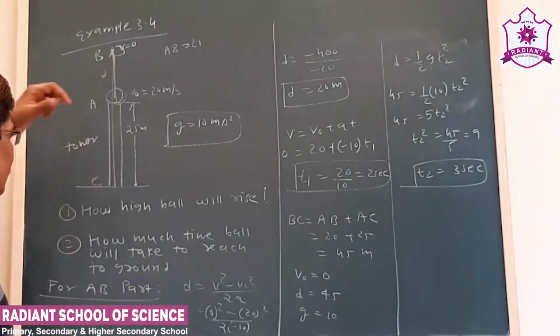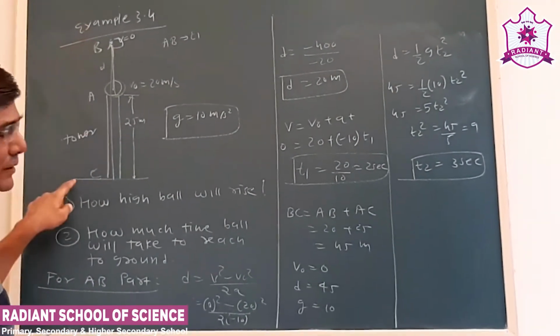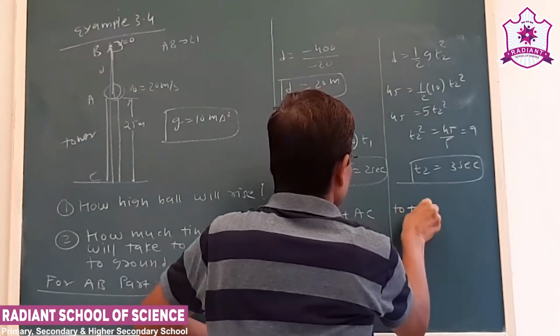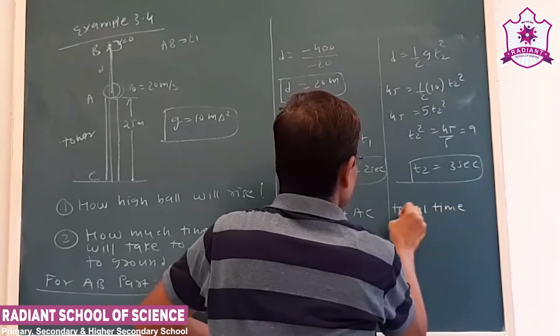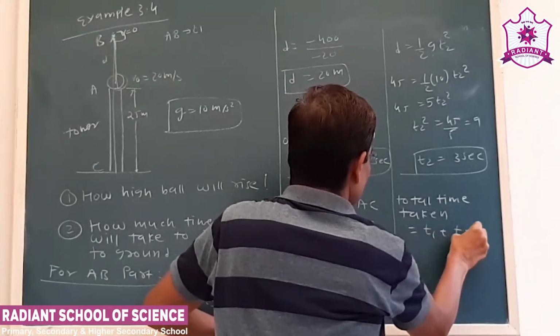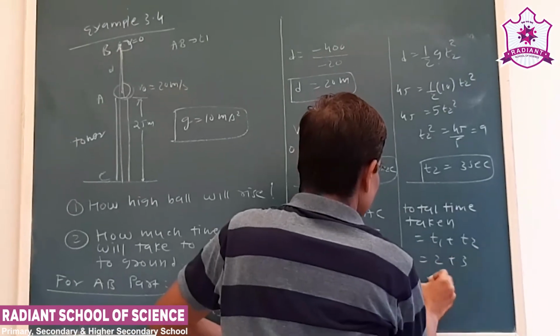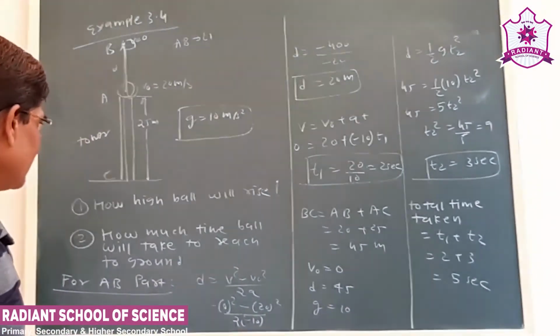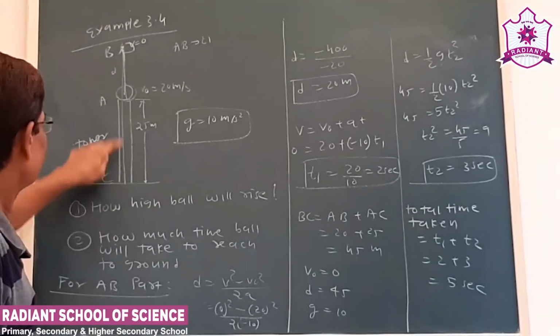Now see, the time for B to C is 3 seconds. So the total time taken to reach the ground is t1 plus t2, that is 2 plus 3, 5 seconds. So this is our second answer: in 5 seconds it will reach the ground.